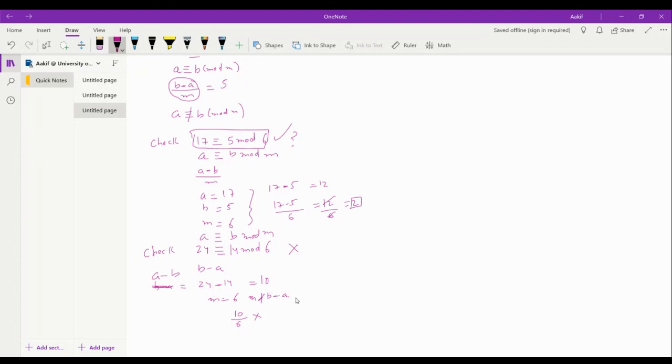Let's move forward. Let me correct this. This is M does not divide A minus B.